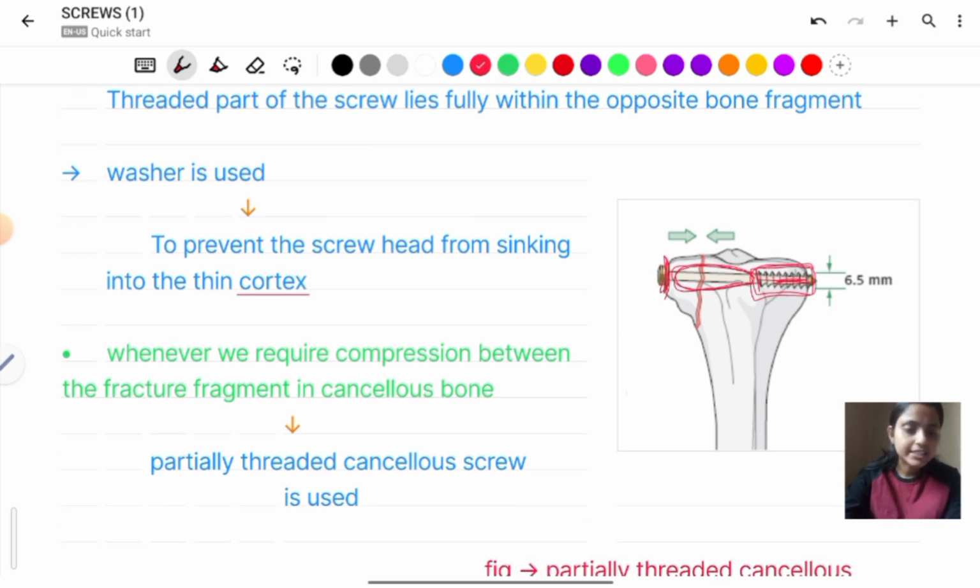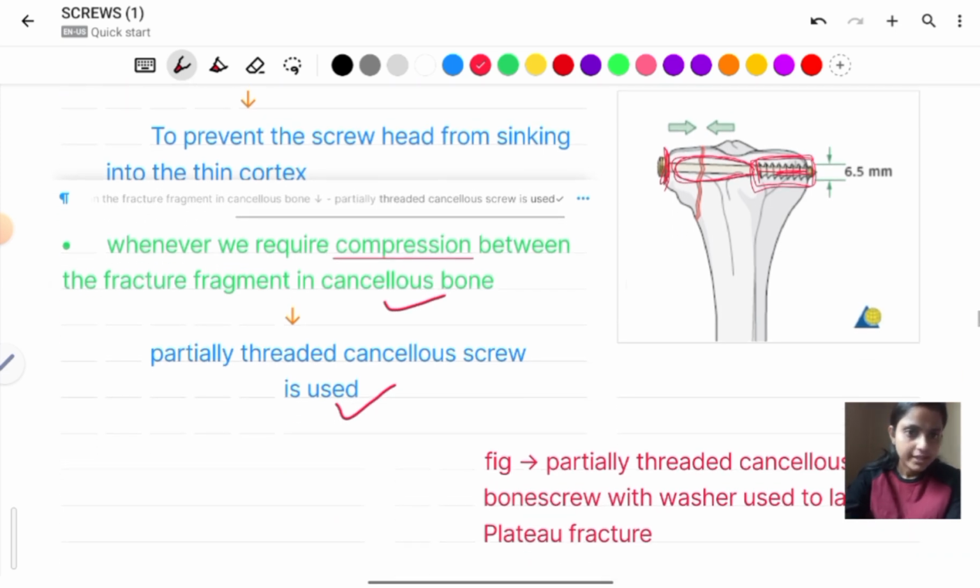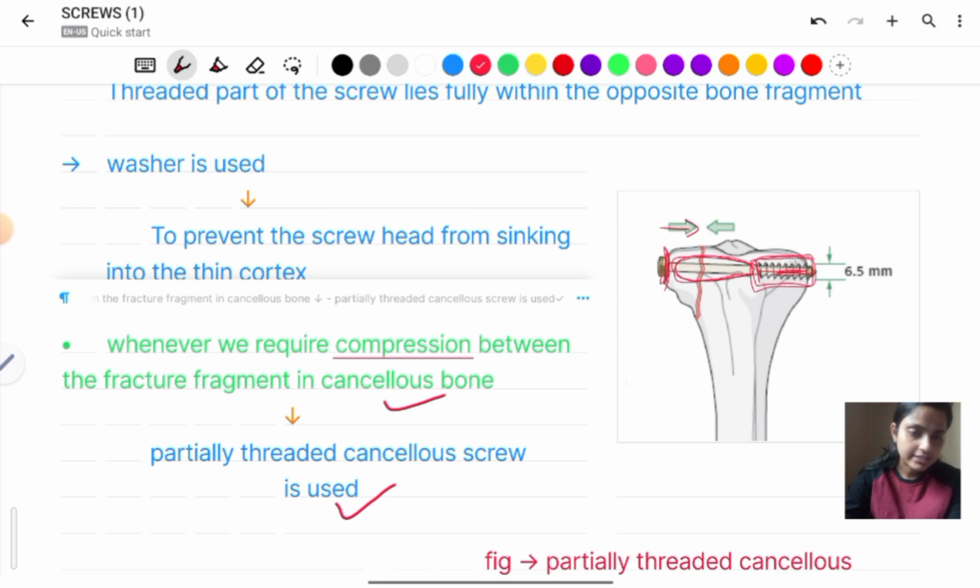The partially threaded screw provides compression. Whenever we require compression between the fracture fragments in the cancellous bone, we use a partially threaded cancellous screw. Here we can see that the fracture fragments are pulling each other.